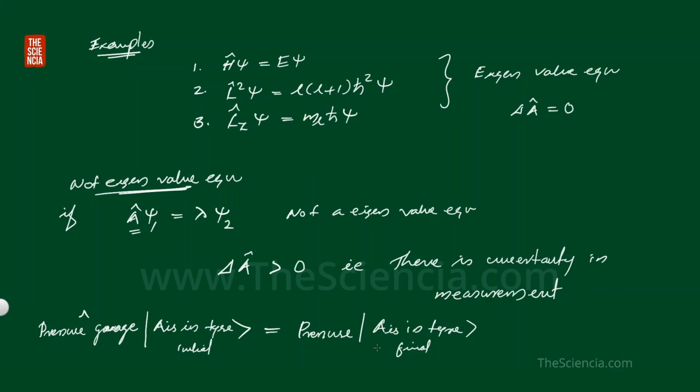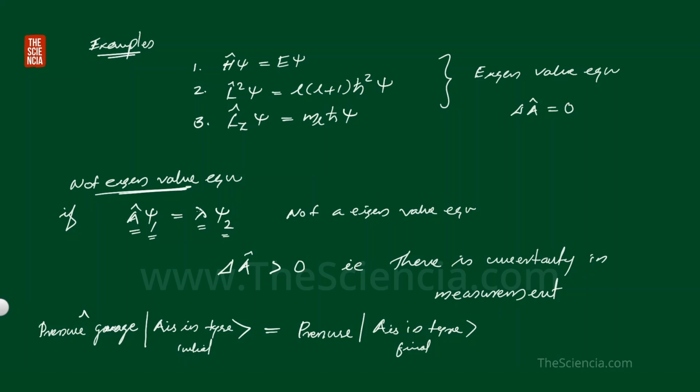If you do this measurement again and again, the pressure in the tire will decrease. That means here an operator is operating on a state, we got the measured value, and that state is changed to another state. So if you measure again on the same system, its state has changed.